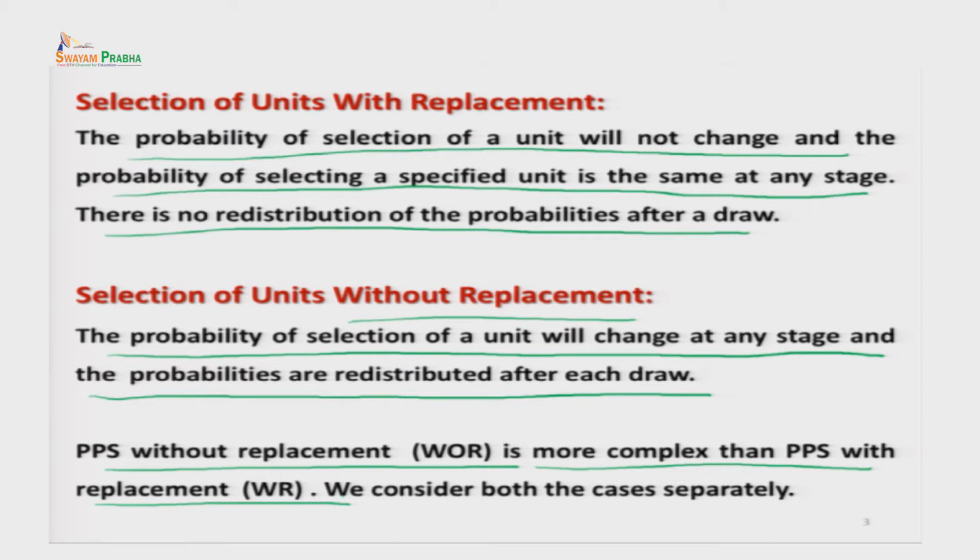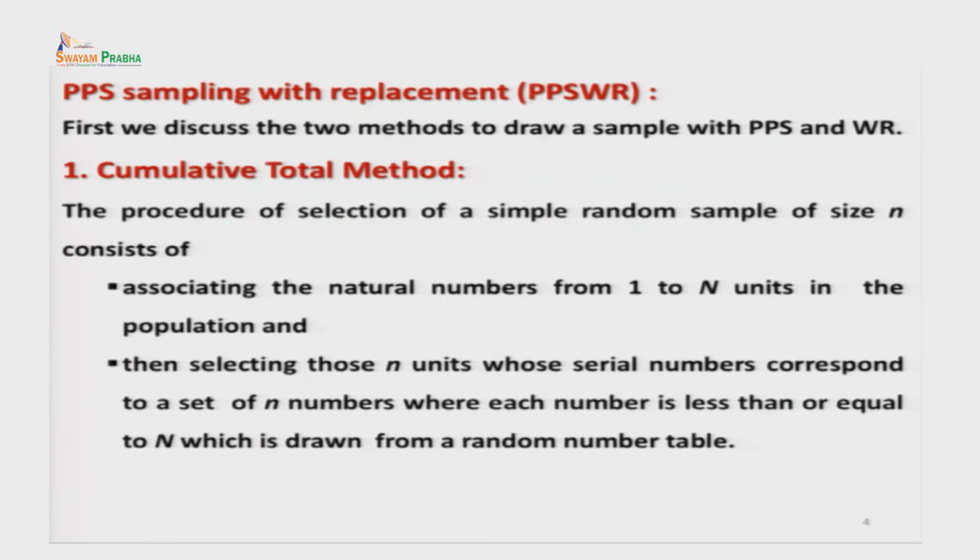Right. And possibly you never thought, when you were doing simple random sampling, you were simply drawing the units one by one, that is all. So, now in the beginning itself you have some idea of what type of issues you are going to face, which you have not faced in the case of simple random sampling. Right, but anyway, we are going to consider both the cases one by one separately, WR as well as WOR.